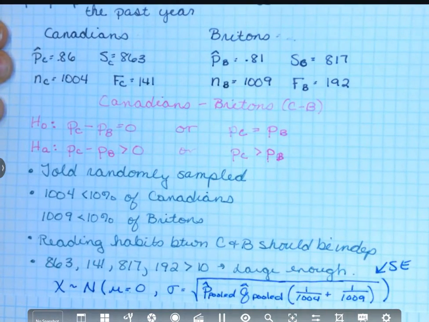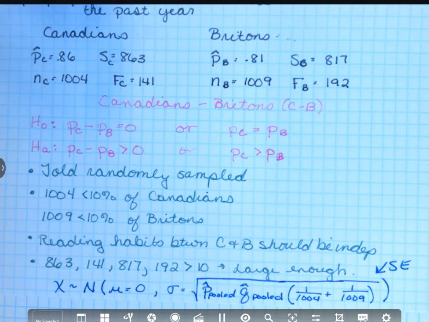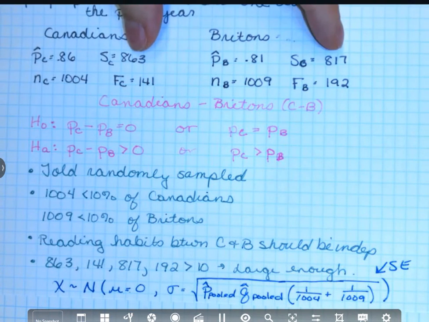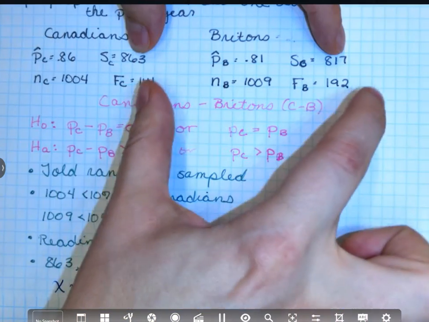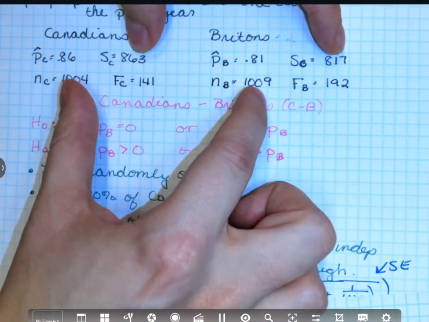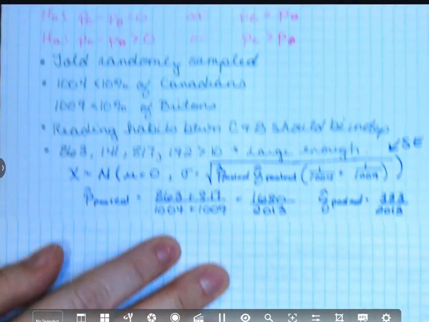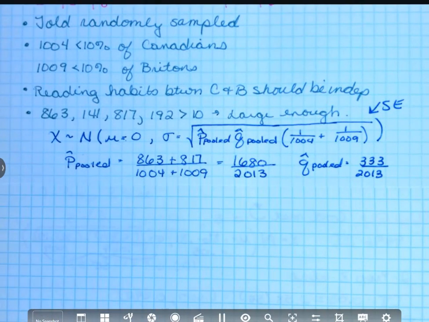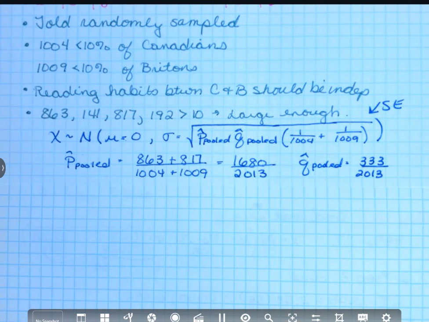It is essentially 1680, adding what? 863 and 817, and then you divide that by these two. So remember, we always pool in a 2-prop z test.